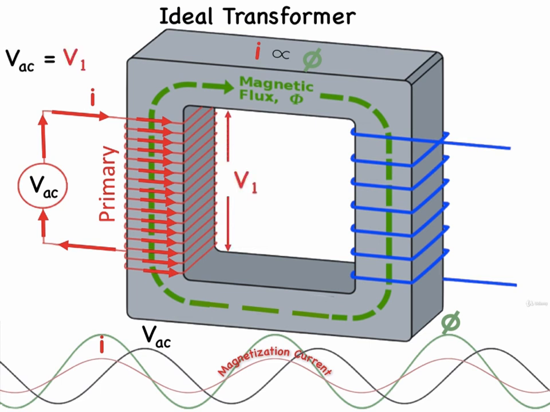This voltage drop we'll call V1 across its terminals, and it will be equal to the applied voltage, VAC, because it's directly connected to the applied voltage. In coil 1, the flux produced by the generator is related to the voltage V1 by Faraday's law, which involves the changing flux times the number of turns in the primary coil.